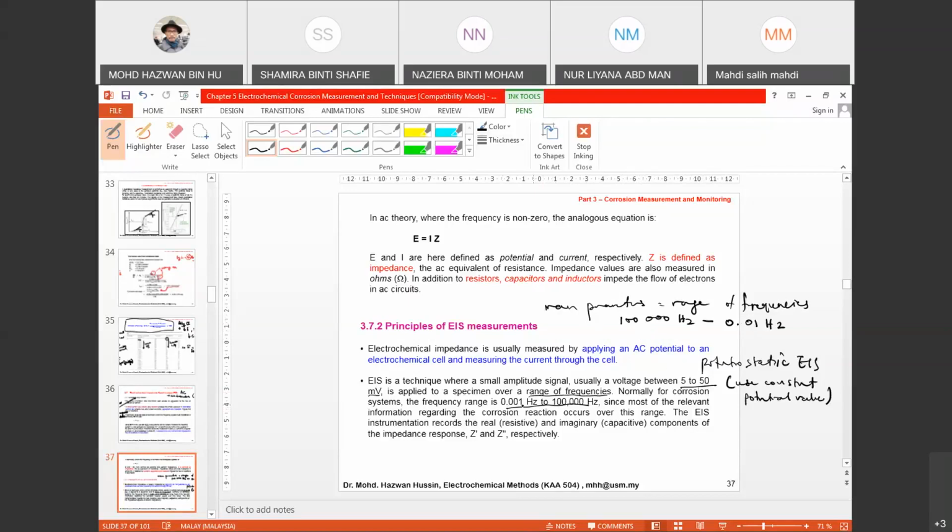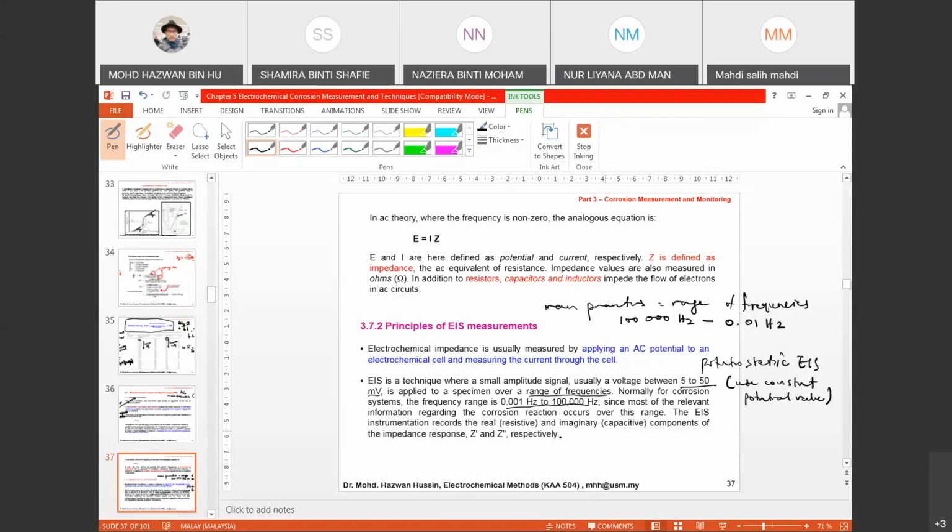You can use even lower, but the range will be too big and the process will be time consuming to get the data. So for me, normally I use the range 100,000 to 0.01 hertz whenever I do electrochemical impedance measurement. This normally takes almost 30 or 40 minutes to get one data.